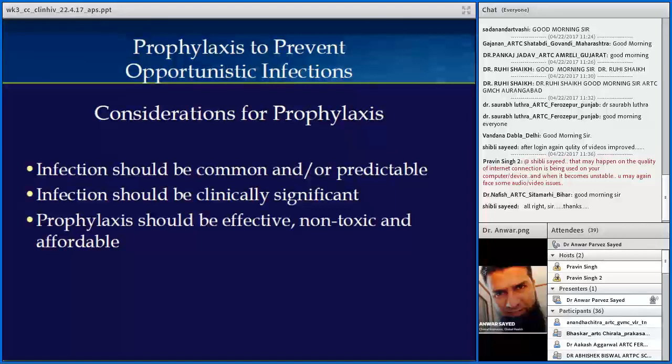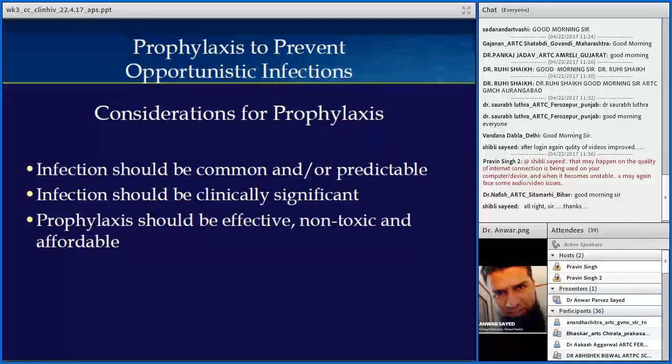So in some regions, some diseases are common where the prophylaxis for that particular OI should be given. So it is not one general rule that all PLHIV will receive all these kinds of prophylaxis. That is not the case. So infection should be common in that region and should be predictable, like what we saw.